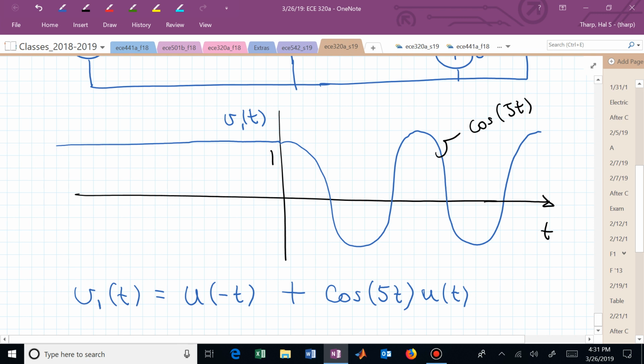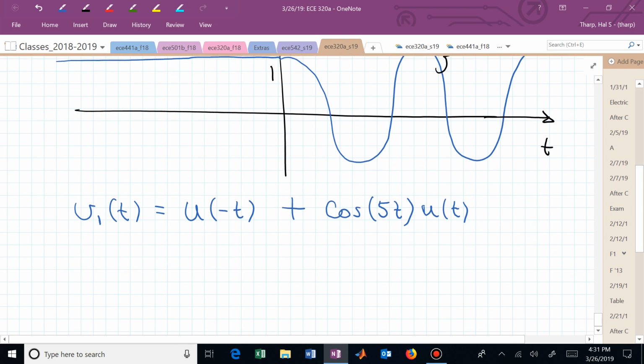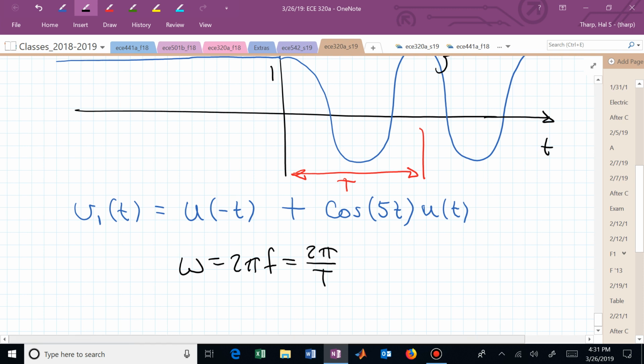What I'm trying to say is if you now measured this distance, that would be T, and you now know that omega is 2 pi f, but that's just 2 pi over T. And once you have measured T, plug in T and you have omega.